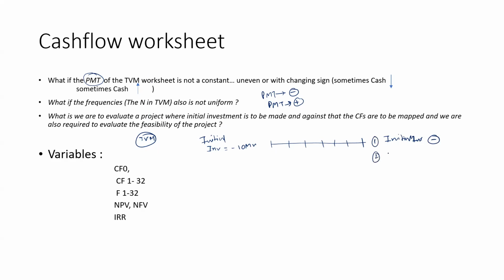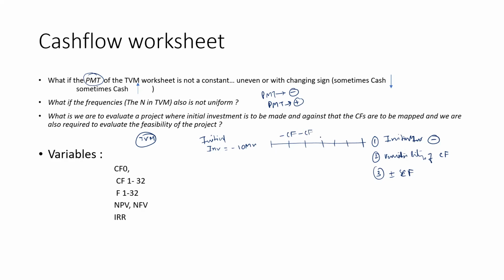Second is obviously the variability of the cash flow, right? Third, when we say variability, we also deal with the plus and minus sign of cash flow, because when we're talking about large capital projects, the initial years could be negative cash flow.